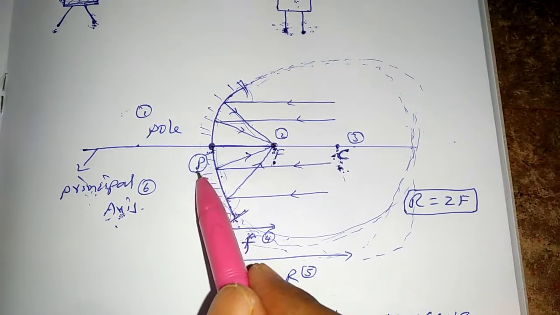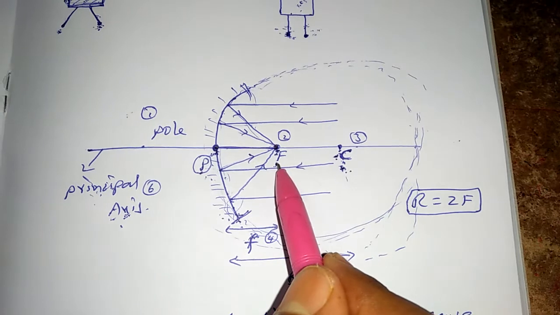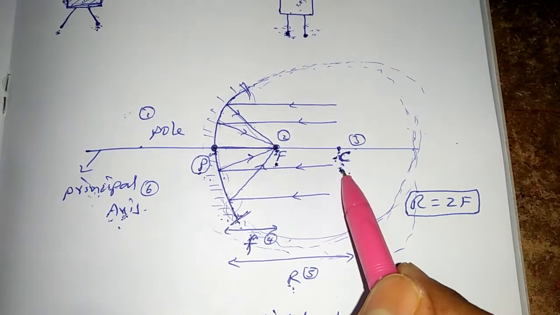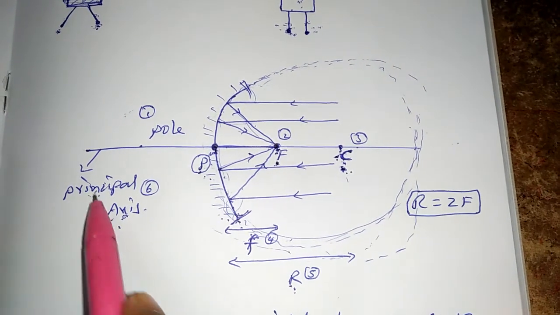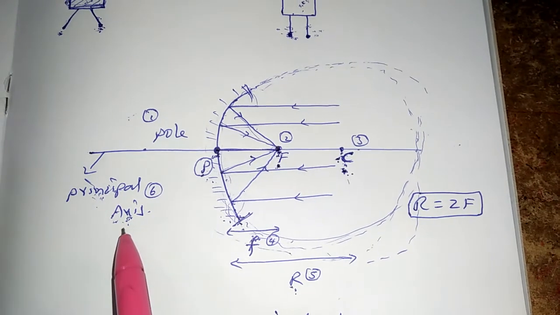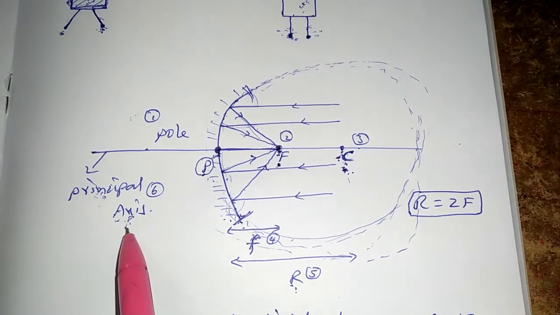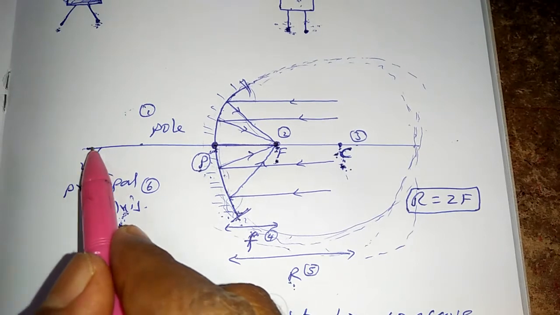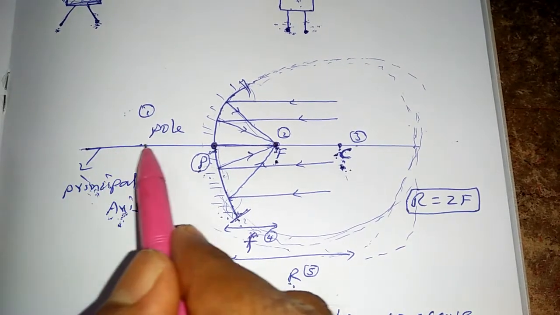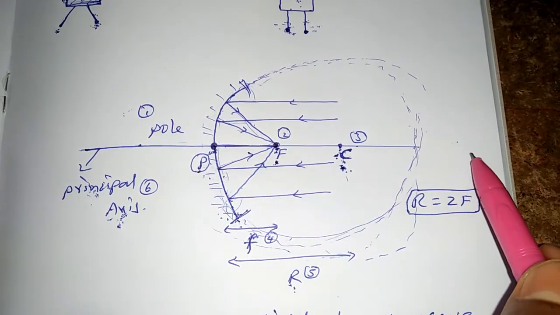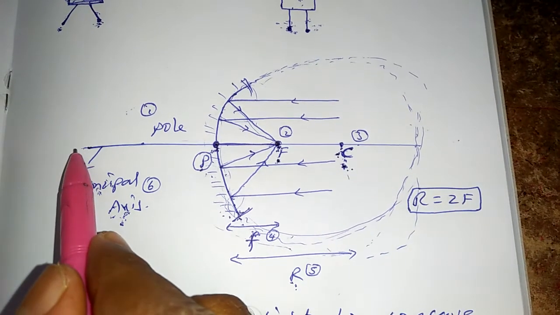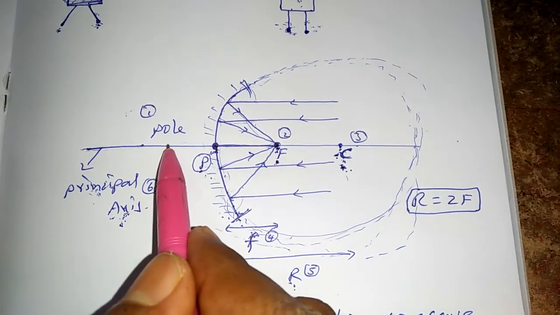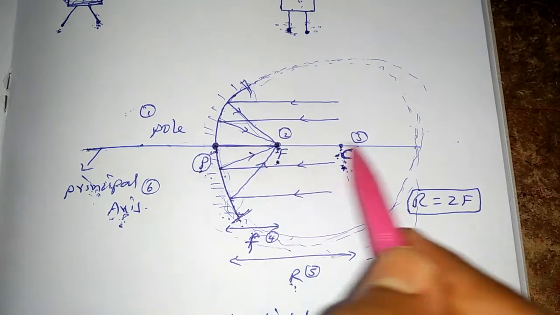So we discussed pole, focus and center of curvature. Now I shall focus on the principal axis. What is meant by principal axis? Principal axis is an imaginary line, not a real line.